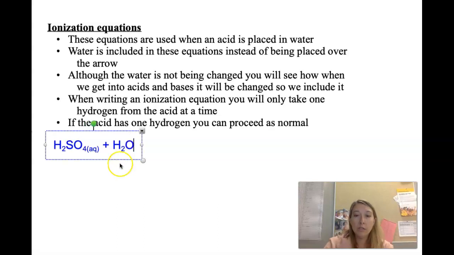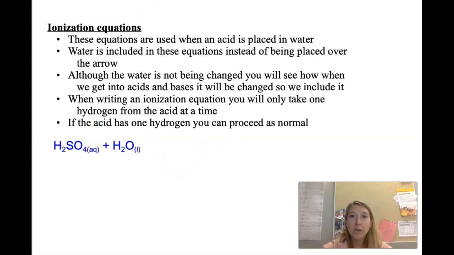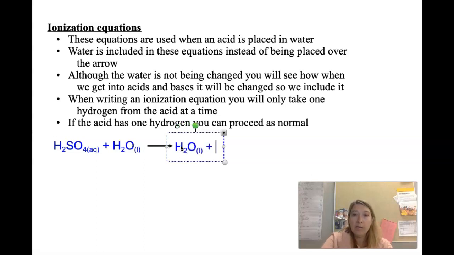So far it all looks the same. When we break this apart, we're still going to have the water over here. But now this has two H's, and I only get to take one H off at a time. So the first H is going to come off, and it's going to give me a hydrogen ion.